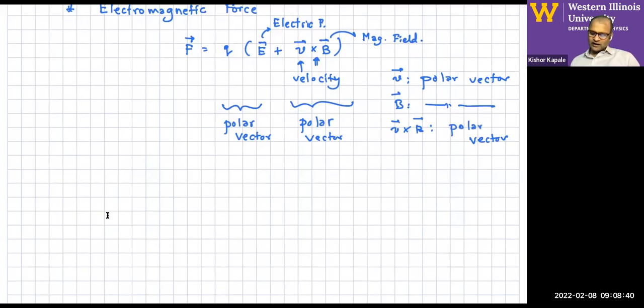Because V is a polar vector and you're taking a cross product with some vector and expect the output to be polar, B cannot be a polar vector. B has to be an axial vector.